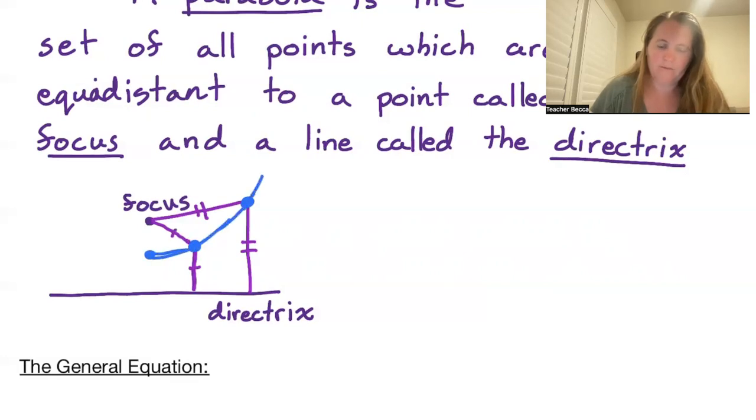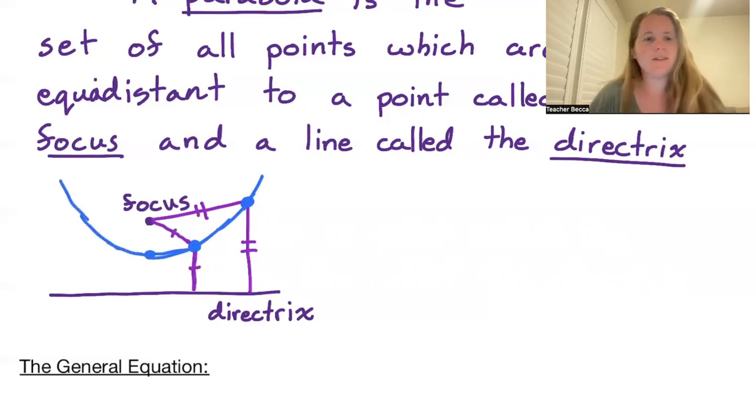So this is different from how we're used to describing parabolas. We're used to describing parabolas as ax squared plus bx plus c, etc. But they actually meet this requirement.